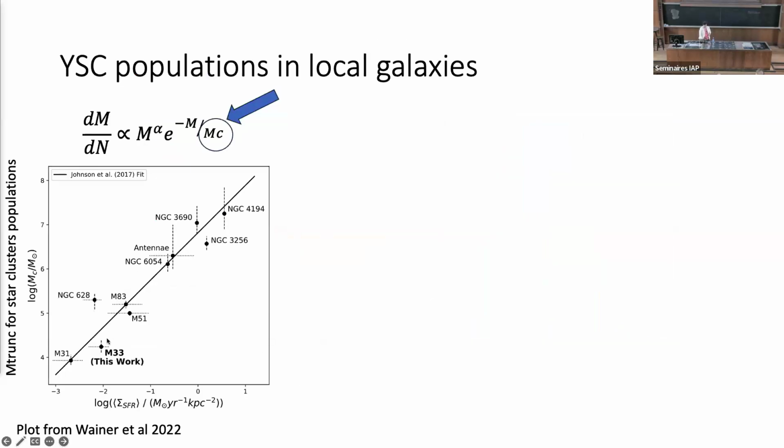In fact, this is one of the final relations: this characteristic mass scales with star formation rate density. So we know that as galaxies form clusters faster and in a more compact fashion, they will form more massive clusters. And here again, you see in local galaxies we find these very massive clusters in mergers or starbursts, while spiral systems are sitting here.